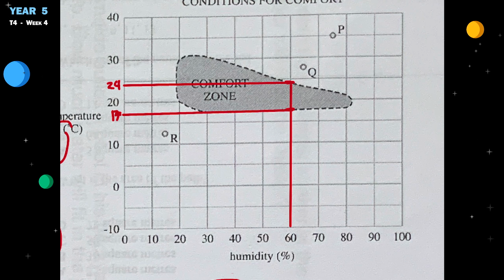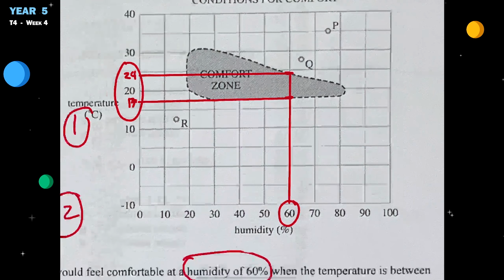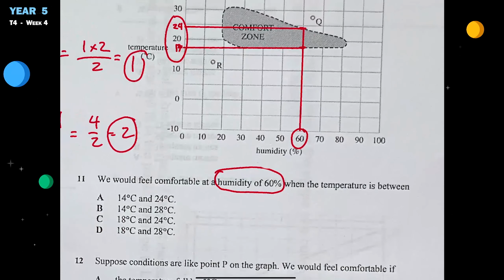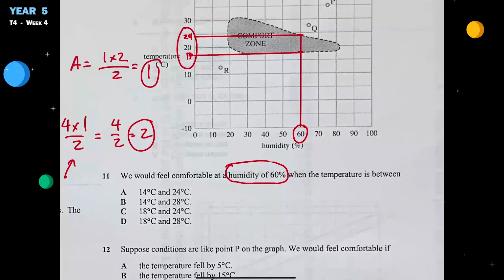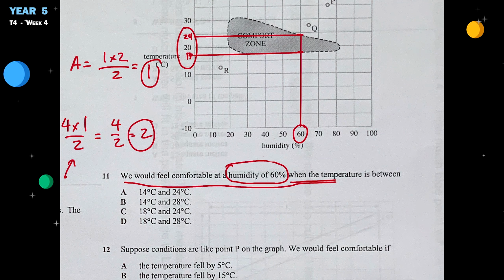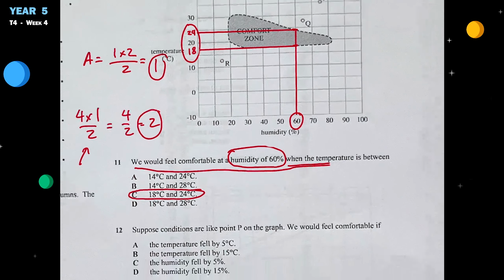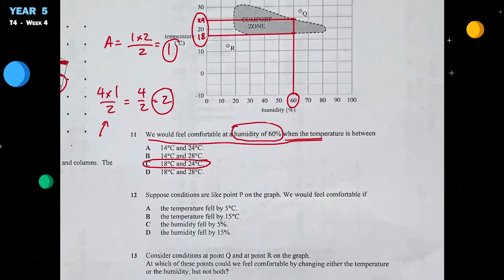Even though I said 17, maybe it's 18. It's just an estimation, so it could be 18 as well. So the answer has to be 18 and 24. That makes the most sense.